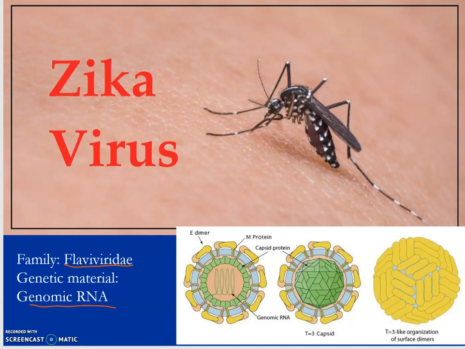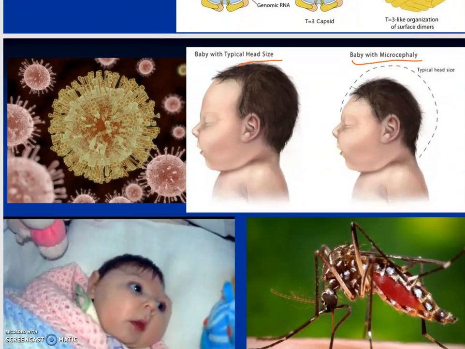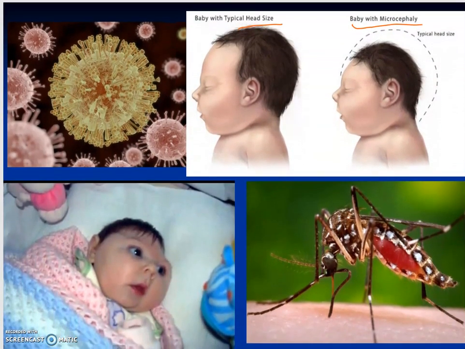Zika virus right now. So here we have the family of the Flaviviridae again. Genetic material would be genomic RNA, and this virus also in most people doesn't cause a whole lot of problems, but it can lead to something called microcephaly, an abnormally small head in infants.